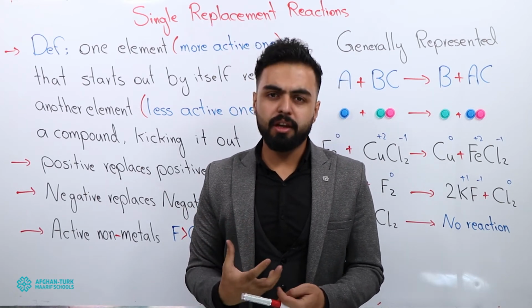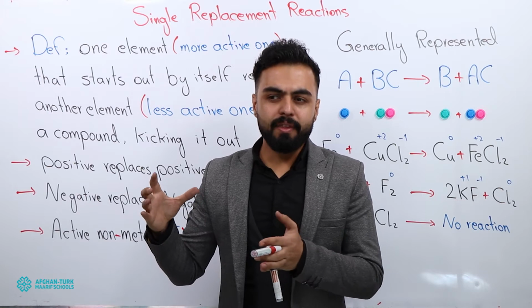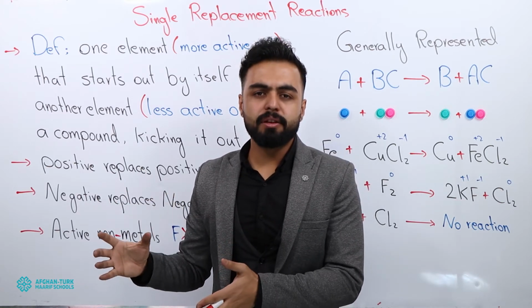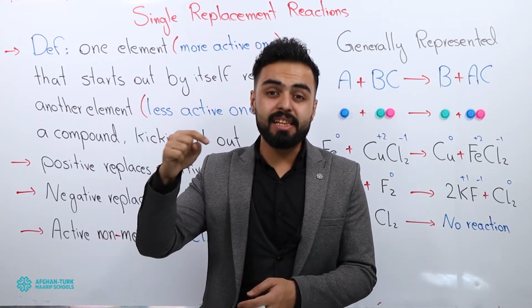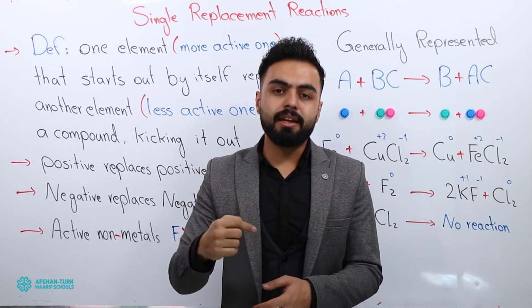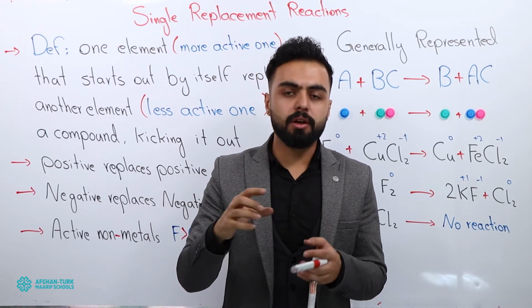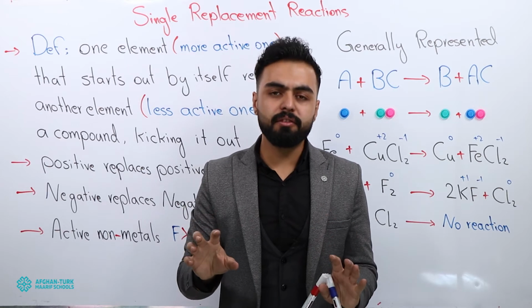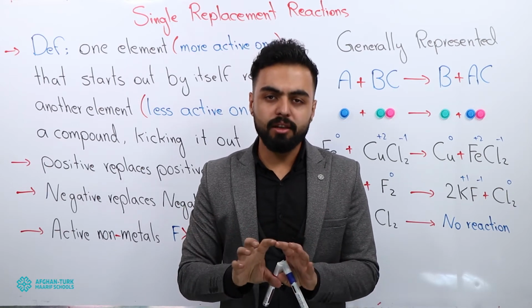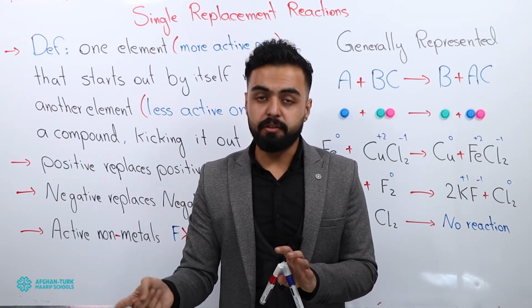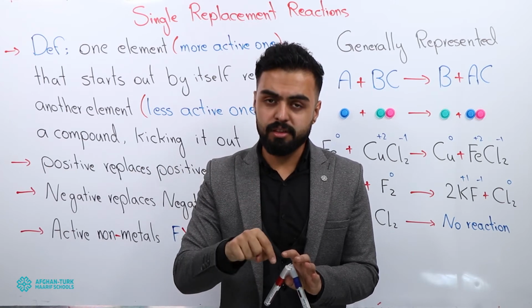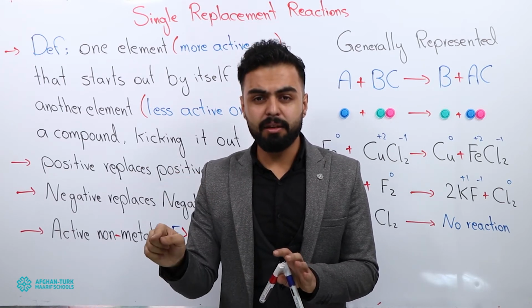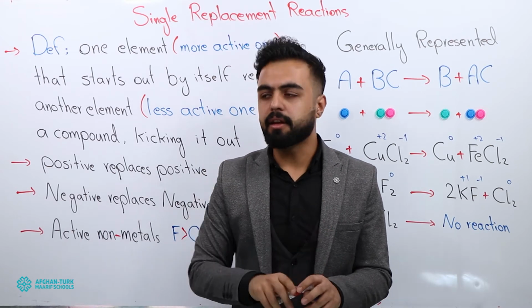Mostly we have ionic compounds, and the positive active element replaces actually the positive one. It cannot replace the negative one, because we need a positive and a negative element to make a compound. So the positive can replace the positive one, and the negative elements can replace the negative ones.